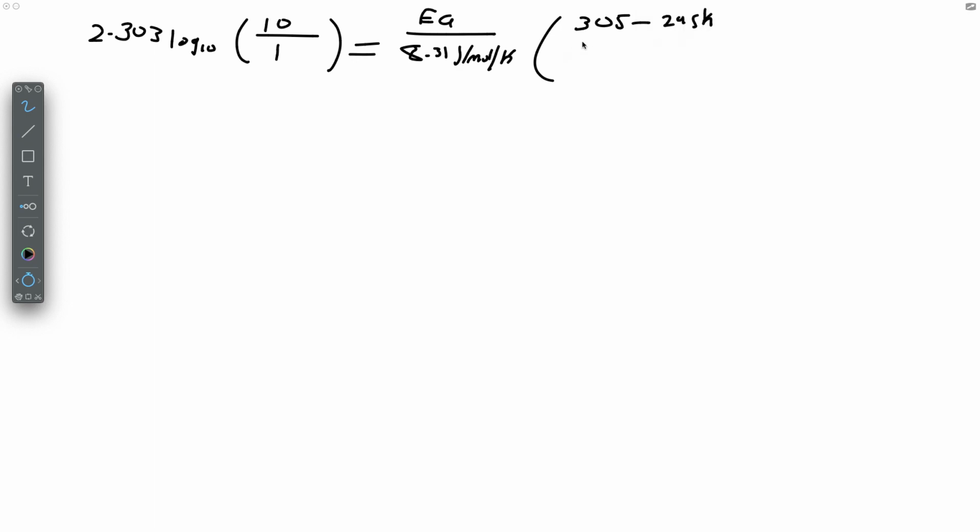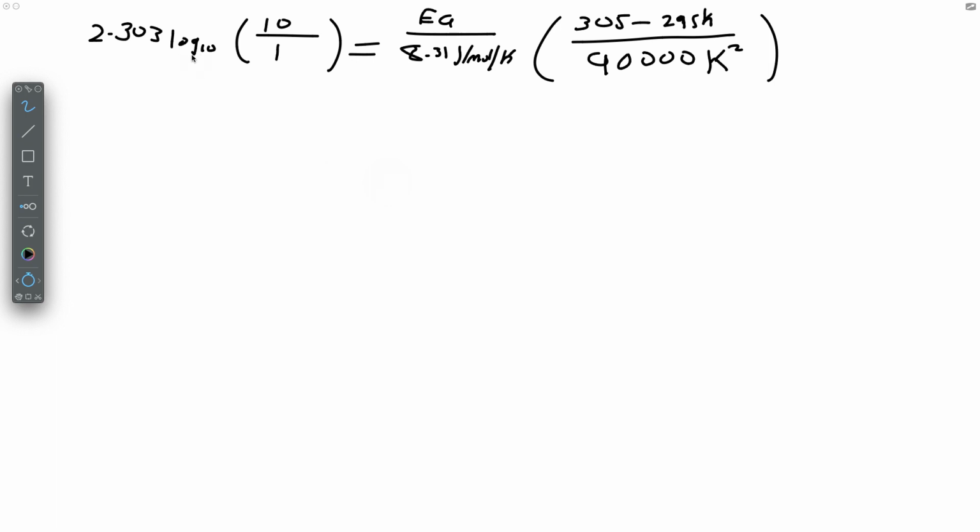I'm going to leave the units here because I'll show you why it's important. Then T1 times T2, let's say 300 times 300, which is 9 with four zeros, in Kelvin squared. So this is what we get, and now we just have to solve this equation.